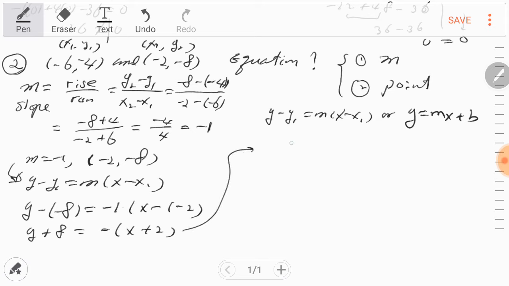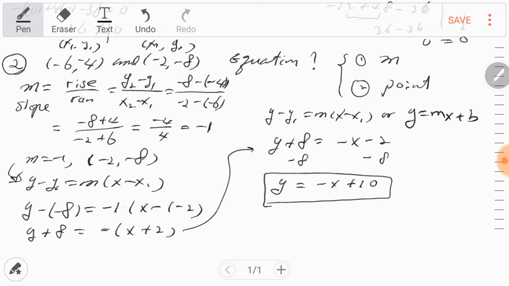So from here, y plus 8 is equal to, now distribute, make the opposite of the parenthesis, negative x minus 2. Then get rid of this plus 8, so we do subtraction from each side. So y equals negative x plus 10. Okay, so this is the equation of the straight line that passes through these 2 points.